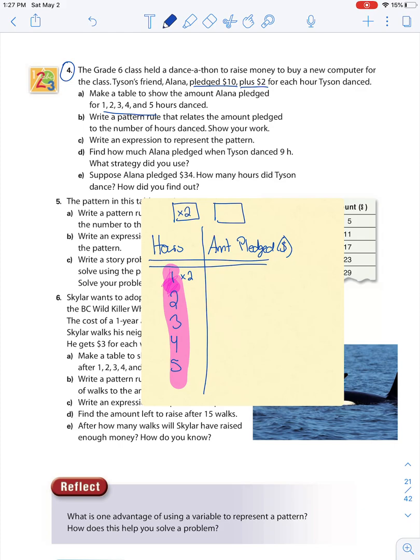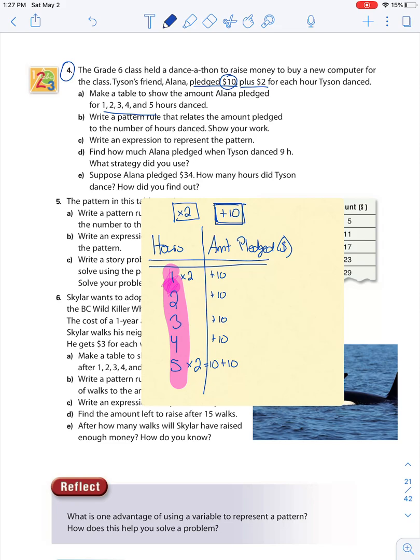So I'm going to put times 2 at the top, and then what always stays the same is 10. No matter how much I've danced, I'm always going to add 10. So if I've danced for 5 hours, times 2 is 10, and then I'm always going to add on 10. This part is always going to be 10 because that's the base pledge.